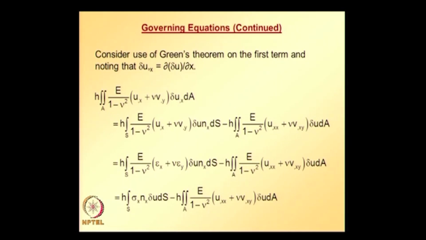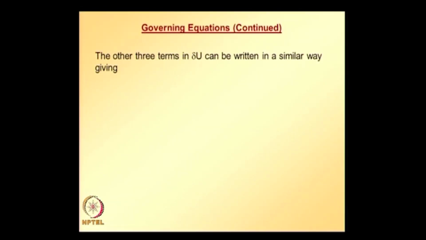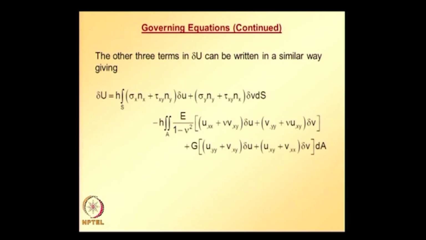So, this is only the first term of u. Other terms also can be written in a similar way, and then finally the variation of strain energy is given by this one. And now we need to find the variation of work done by the applied forces.